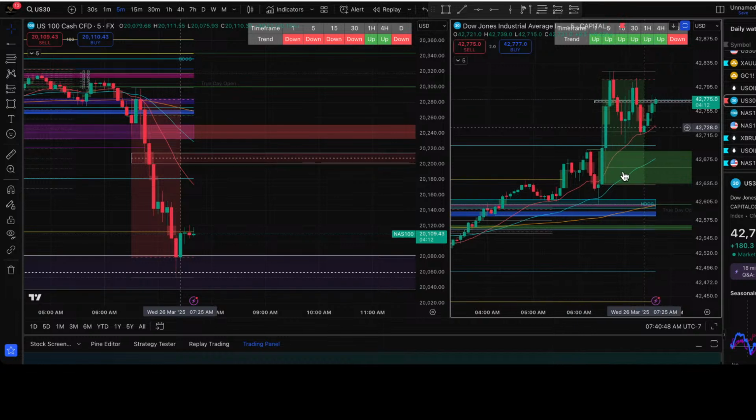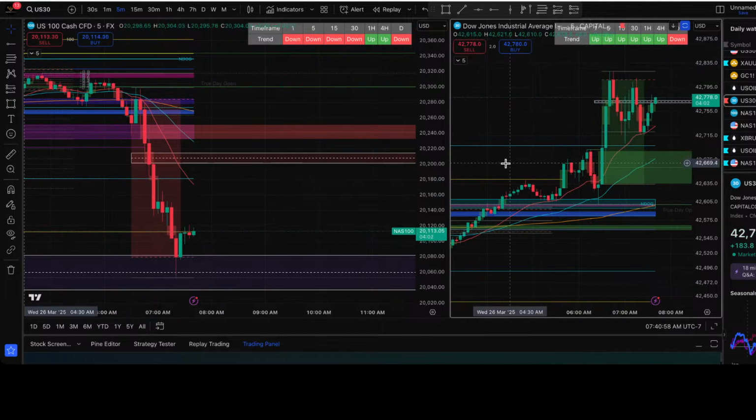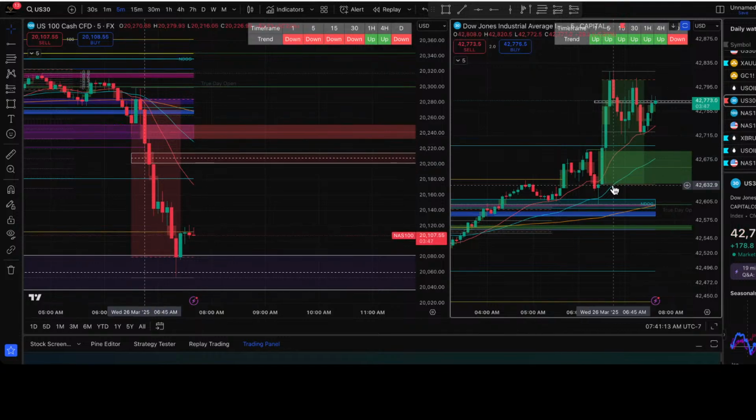There's your New York fair value gap. Usually these indices are lined up, but as you can see, completely decoupled. We're green across the board, green box, red across the board, red box. No other confirmation yet from any other asset, so we'll just patiently wait, see what we get.